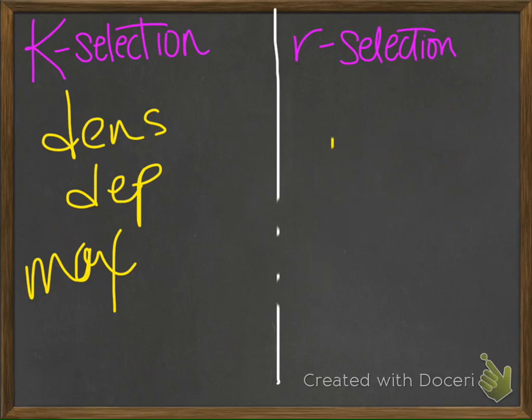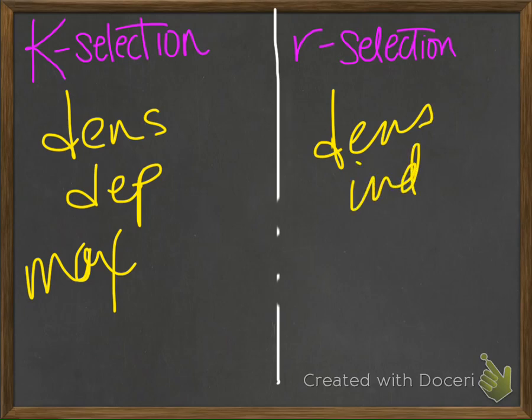Okay. R selection is density independent. K selection is where there's competition to make individuals stronger. Mature trees are K selected.